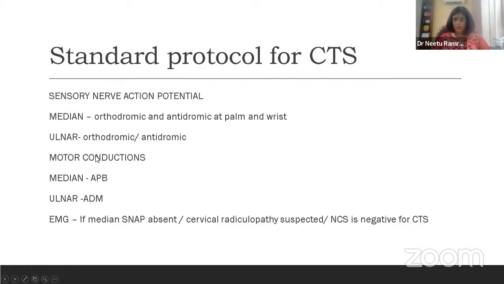As we saw in the videos a little while ago, motor conductions are recorded from the abductor pollicis brevis for median and the abductor digiti minimi for ulnar. EMG usually is not done in carpal tunnel, but only in difficult situations where we want to assess a very severe kind of CTS, or we are suspecting some other pathology. That's where most of the time we do EMG.